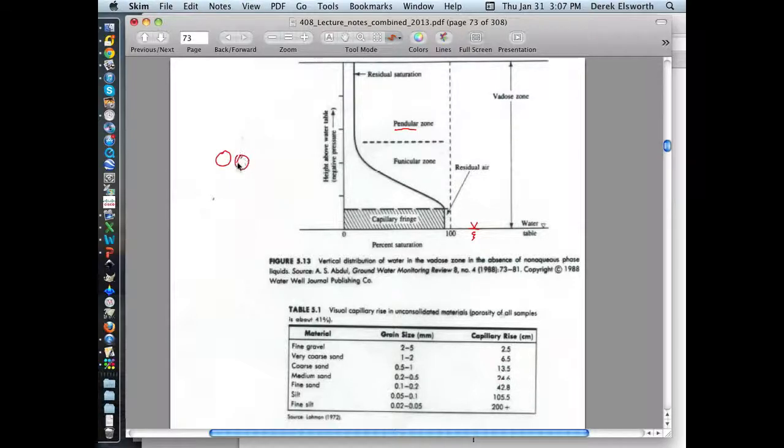If you want to remember exactly what this was like, the funicular zone would be where around here is the water, and in here you'd have a little blob of air or NAPL, depending on what the other phase is. The idea is the same as with a funicular railway. The only way you can move that is by pulling water through this system and dragging this bubble with it. And typically the pore throat sizes are too large to allow that to happen.